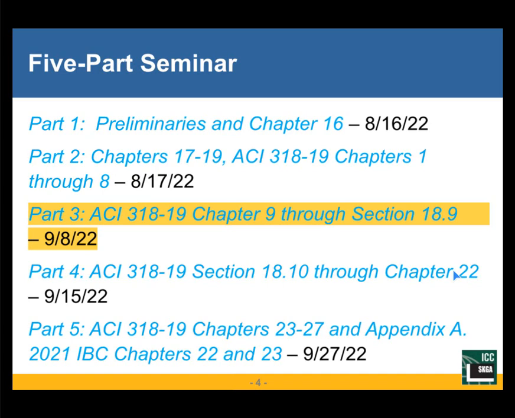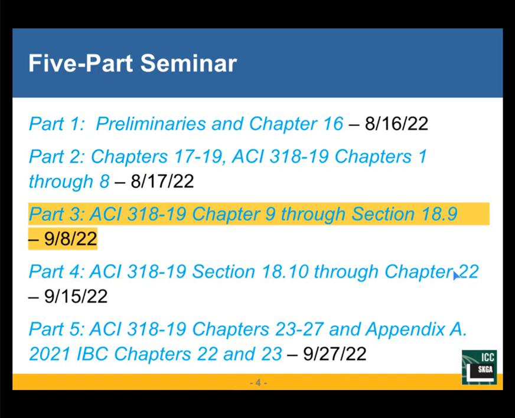Today, part 3, we will go over changes in chapter 19 and chapter 9 on beams, through section 18.9, which is in the seismic chapter. Seismic chapter is chapter 18. It is a long chapter, a lot of changes. So all of chapter 18 will not be covered today. We will go up to 18.9.